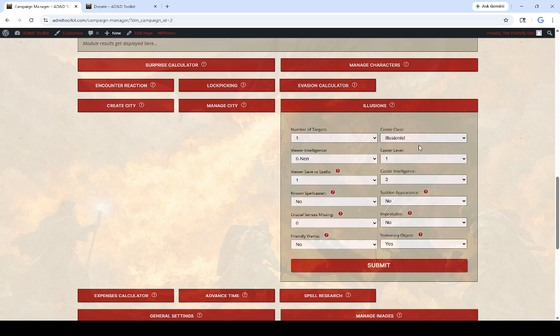So there's two reasons for this. One is it can speed up how we handle illusions like Phantasmal Force. And two, it provides a universality to how they're handled, so that my players, your players, when you use Toolkit, they know what to expect from you as the DM.